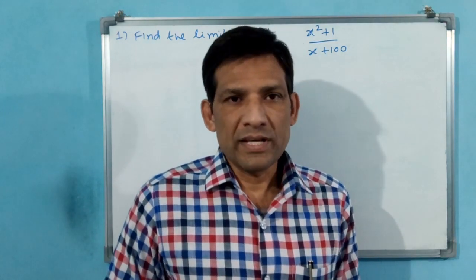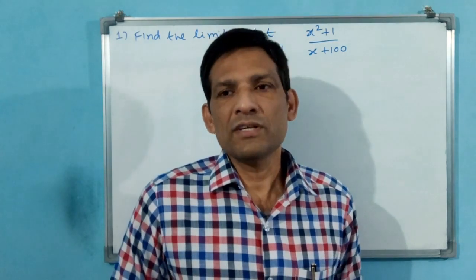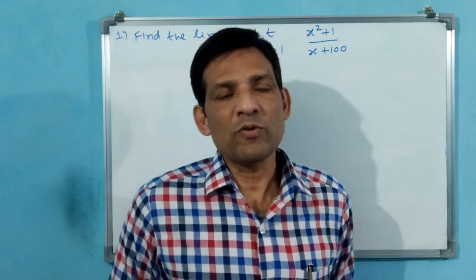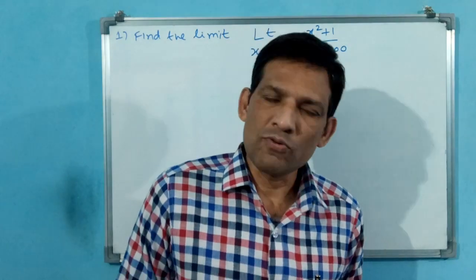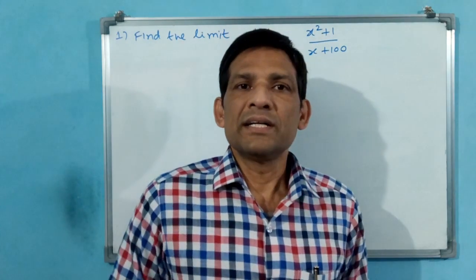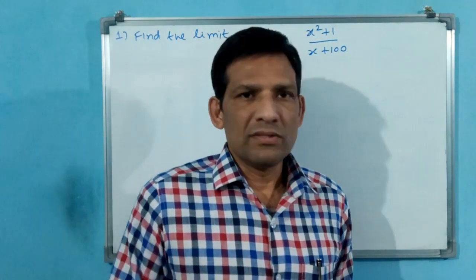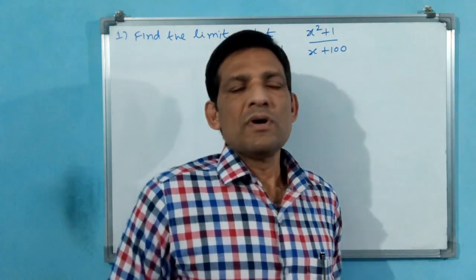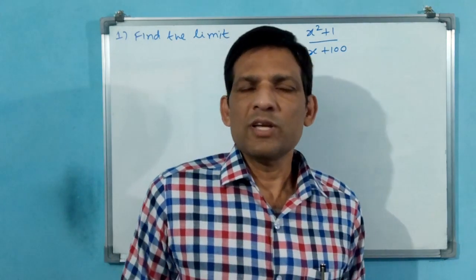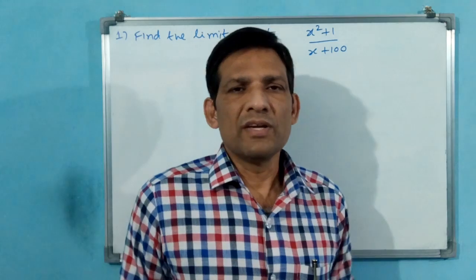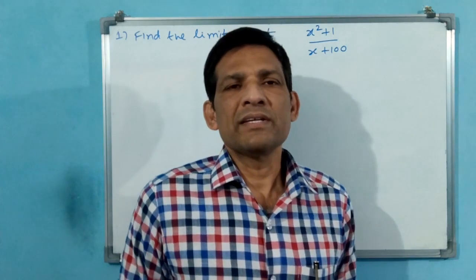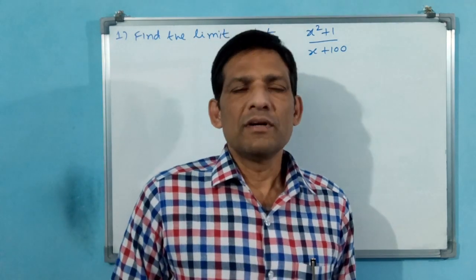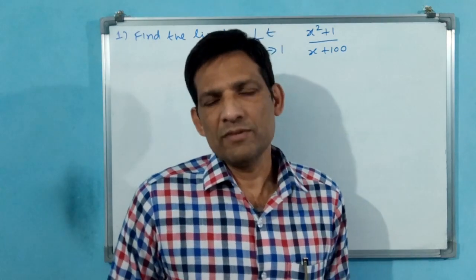If those cases are there, directly we can write. If those cases are not there, then we have to do factorization and bring case 3, 0 by 0, to case 2 or case 1. Case 1 is the normal case, and case 2 is the limit does not exist case.